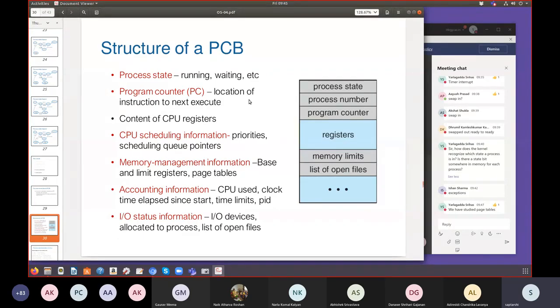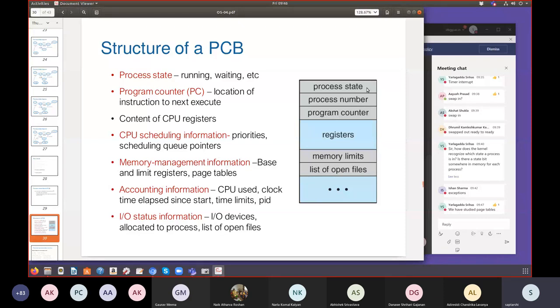So those kind of information are also stored in the PCB. So essentially the PCB does not contain the code or the data of the processes, but the PCB contains several information which are used by the kernel to do the bookkeeping or to control different processes.